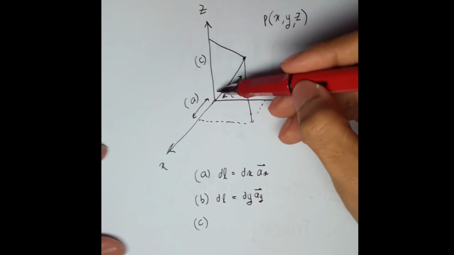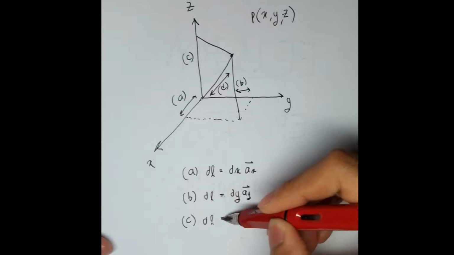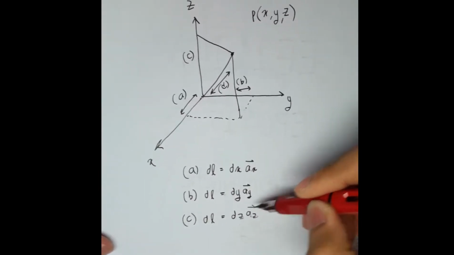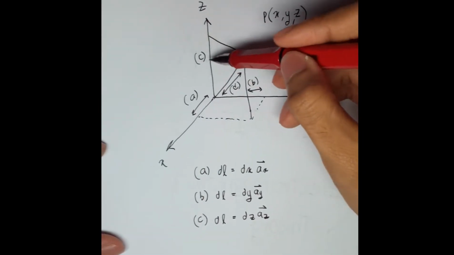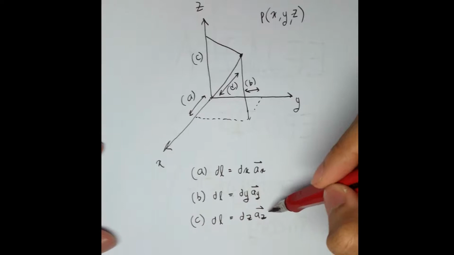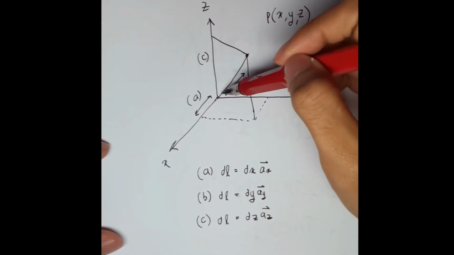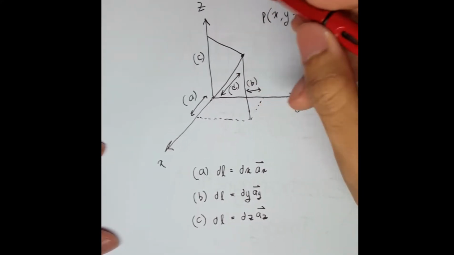For C, here we will get the differential length of dz az, the magnitude dz because it is on the z-axis, and the unit vector az because it is pointing towards the z-axis.